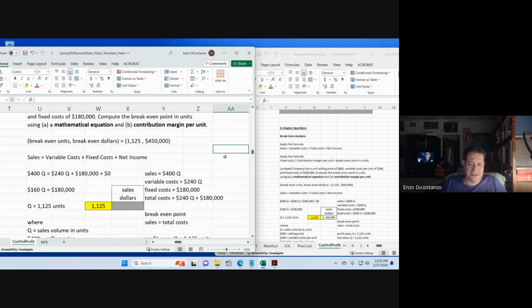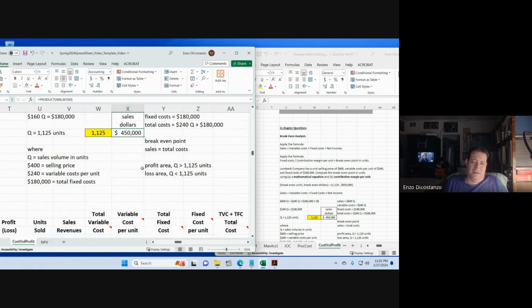Well, the sales dollars is simply the product of $400 per unit times the break-even Q, which is 1,125. So it's 1,125 times 400. At the break-even point, sales equals total cost.